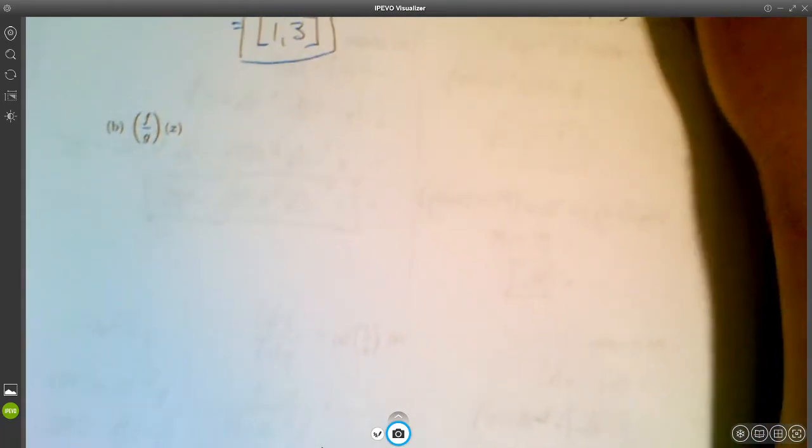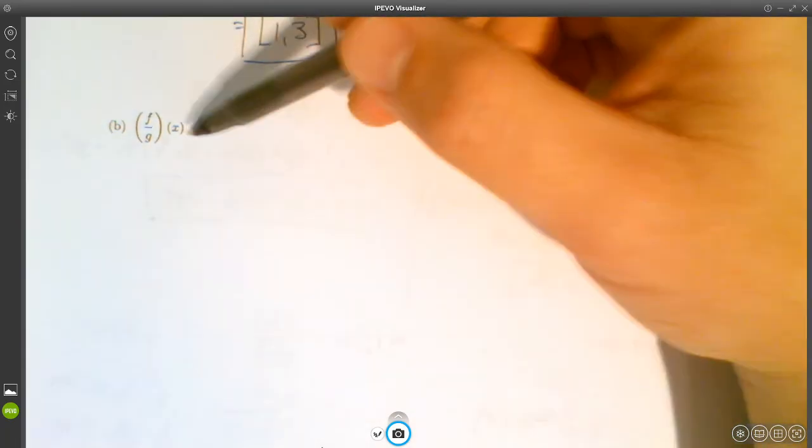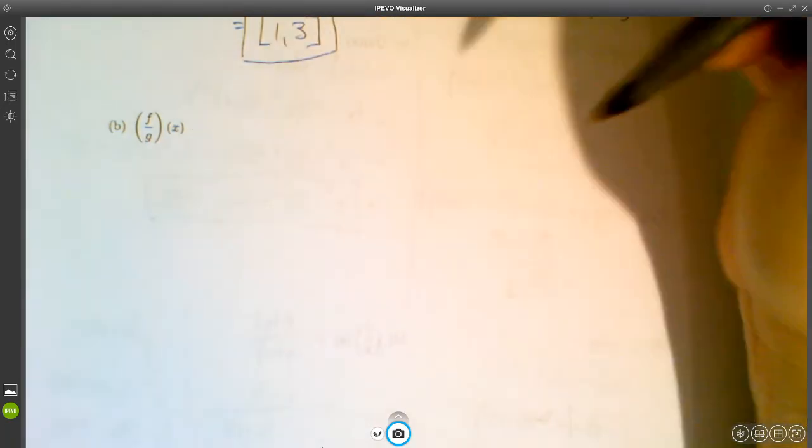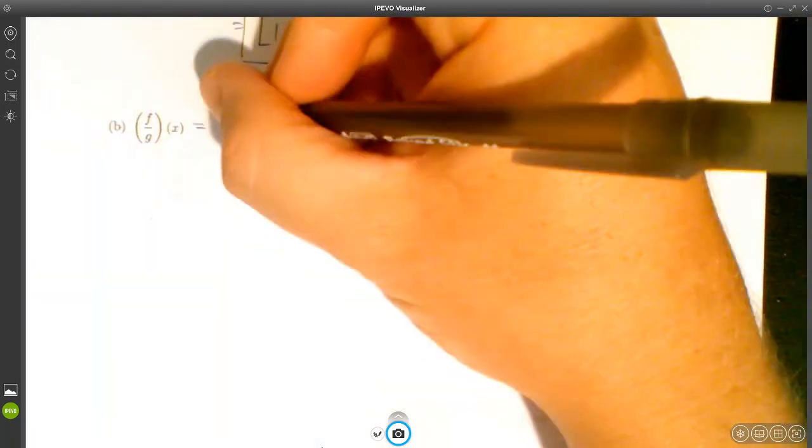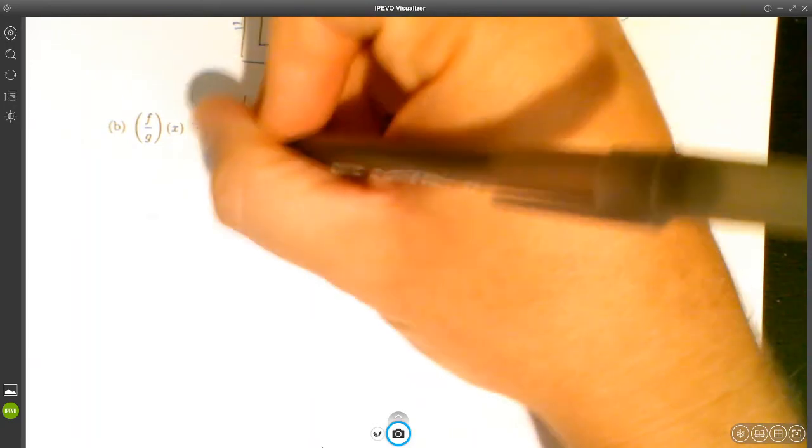Part B asks us for f over g of x. And f over g of x is going to have the same domain as f plus g, except that we also need to require that g of x not be 0. So let's do this. This is f of x over g of x.